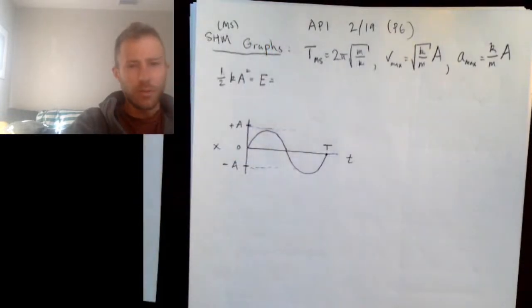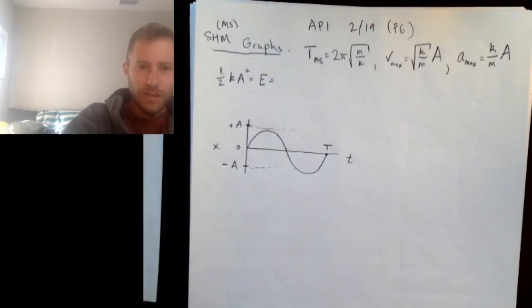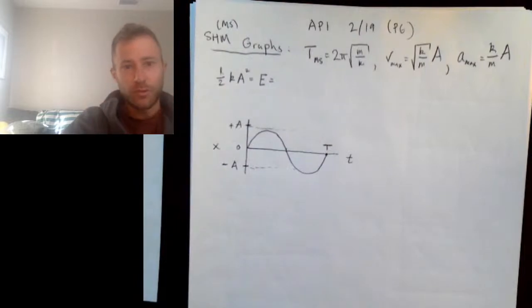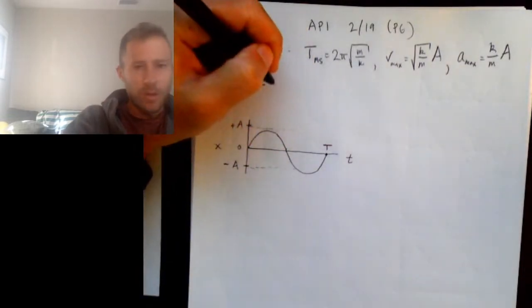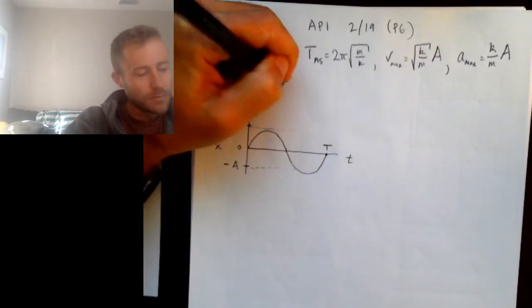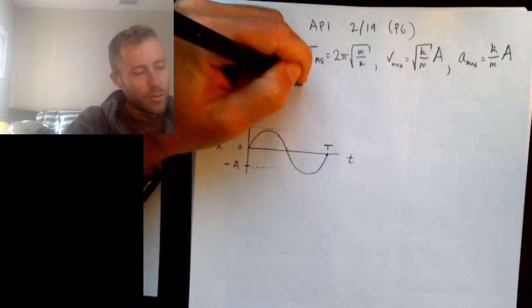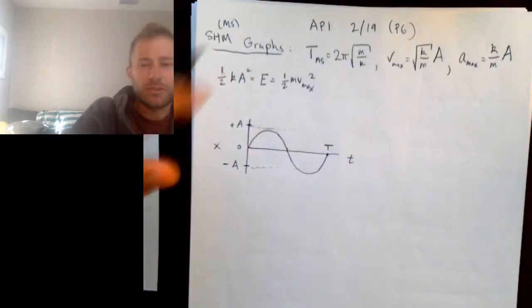The other place where we could evaluate the energy was at the equilibrium point, as it goes through the equilibrium. At that point, it only has kinetic energy, so the energy could also be thought of as 1/2 m v max squared.